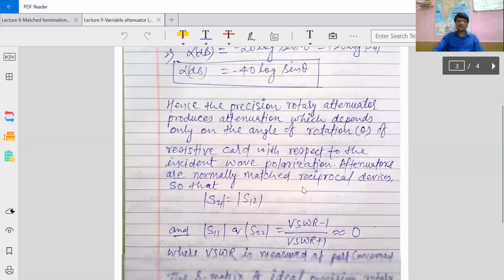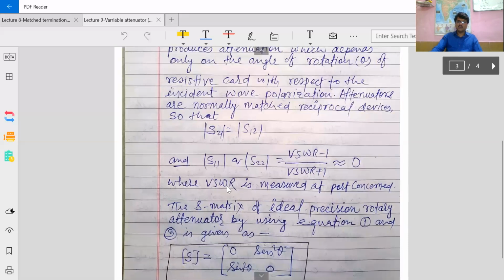Hence, the precision rotary attenuator produces attenuation which depends only on the angle of rotation of the resistive card with respect to the incident wave polarization. Okay, so with respect to the electric field. Attenuators are normally matched reciprocal devices so that S21 will be equal to S12. So S11 or S22, (VSWR minus 1) upon (VSWR plus 1), will be equal to 0.